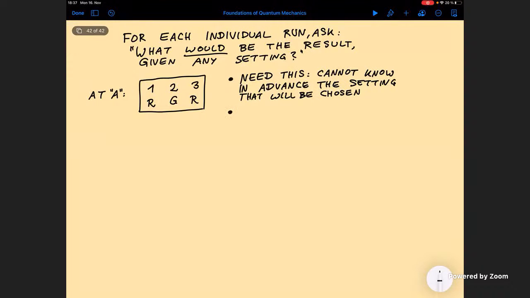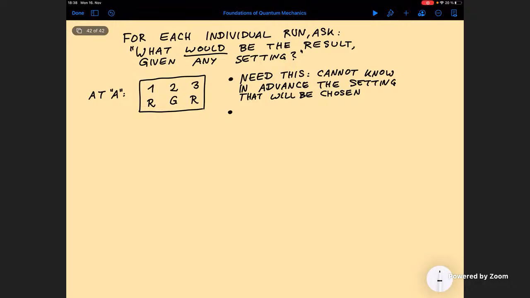Now, you also see one peculiar characteristic of this little table that I drew. We have drawn tables like this before, right? A few minutes ago. But there we always had combinations of settings, and then we had combinations of colors. Here it looks different.